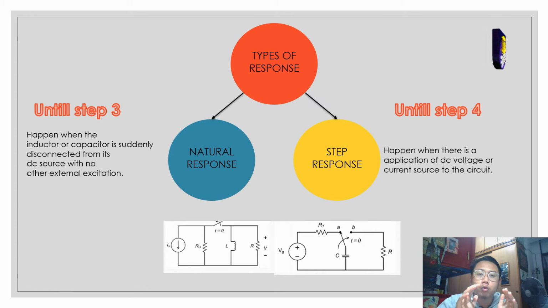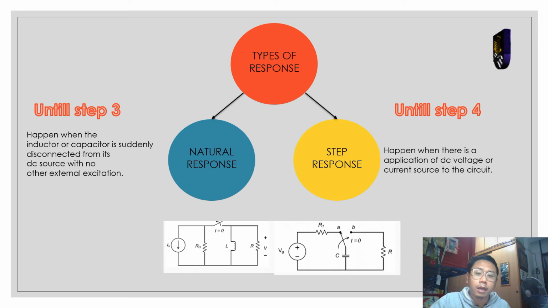This means no source, with either current or voltage. Step response happens when there is an application of DC voltage or current source to the circuit. Like we can see on the screen now, natural response is until step 3, and step response is until step 4. So what is step 3 and what is step 4?